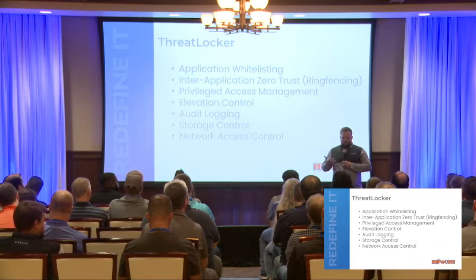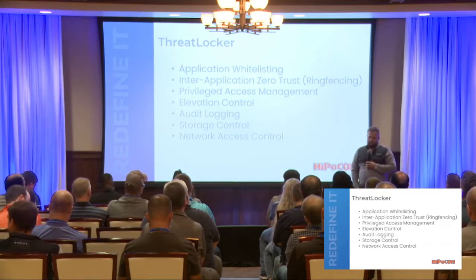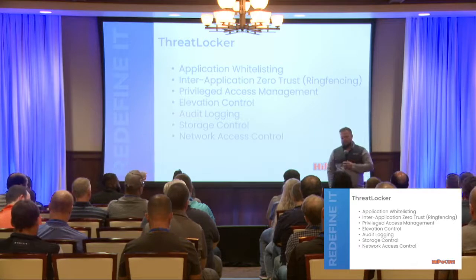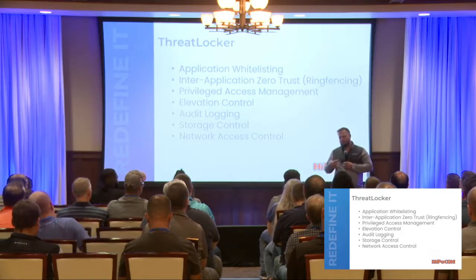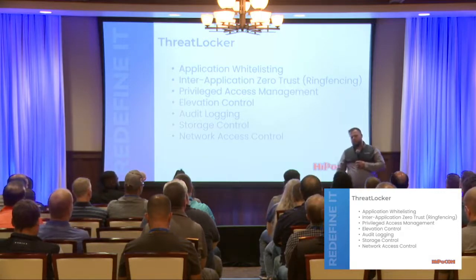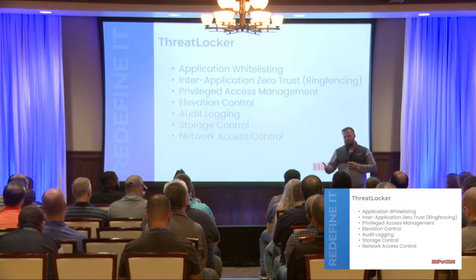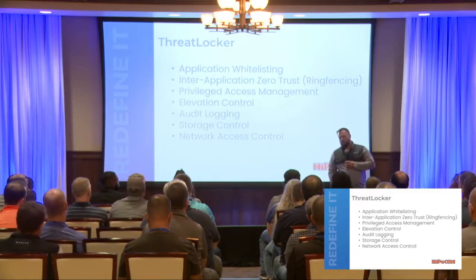And so really the way that ThreatLocker does application whitelisting and that ring fencing is very unique in that the deployment method allows us to deploy without impacting users and monitor what's going on in the environment without having to impact those users.